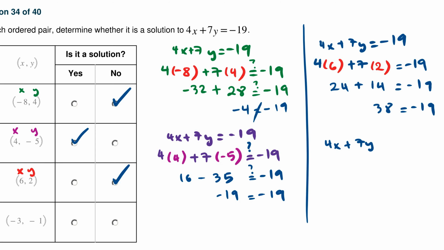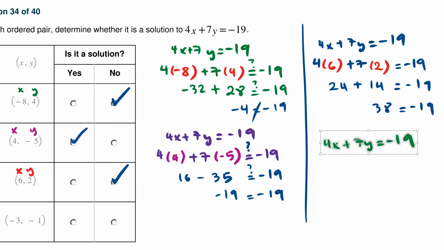4x plus 7y equal to negative 19. Okay, we're going to plug in negative 3 and negative 1. So 4 times negative 3 plus 7 times negative 1 equal to negative 19.